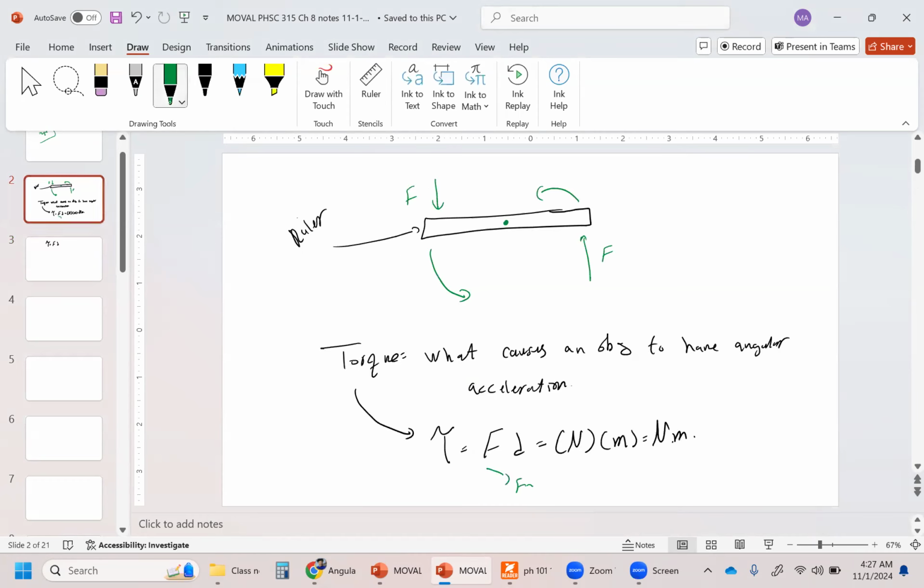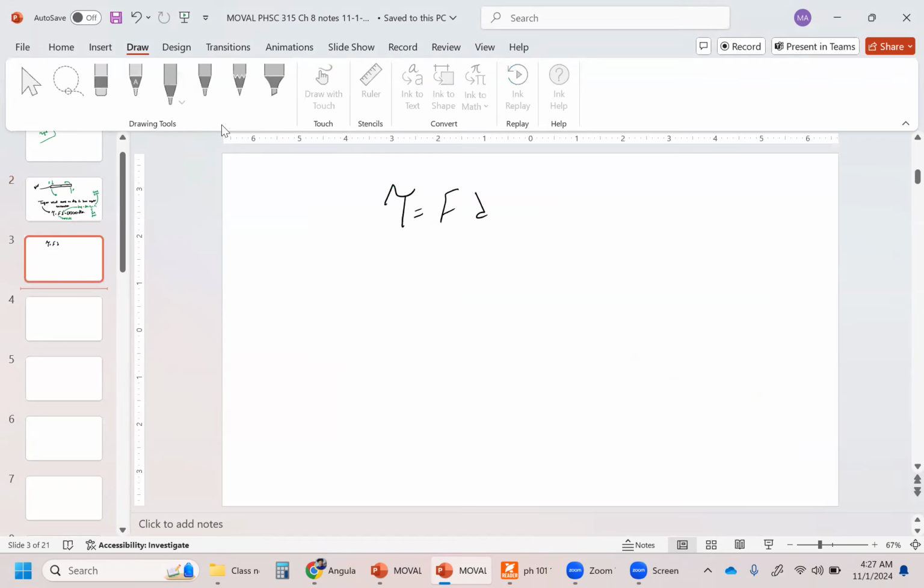This is your force in newtons, and this is your displacement, which is going to be your delta x, which is your x final minus x initial, your final position minus your initial position. So your torque equals your force times this.